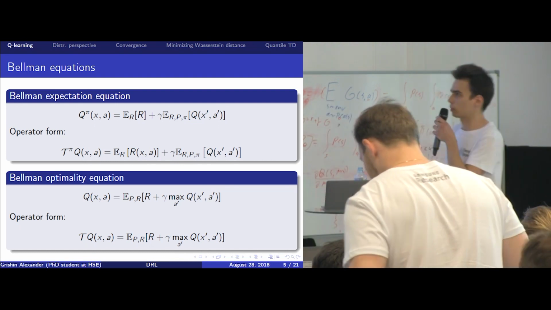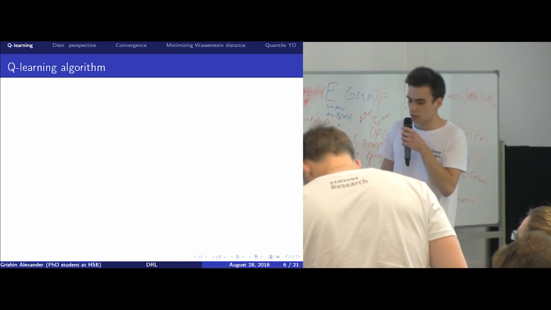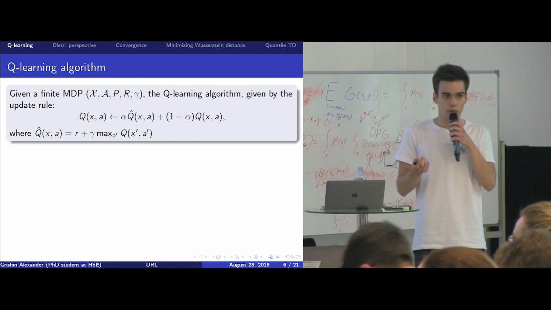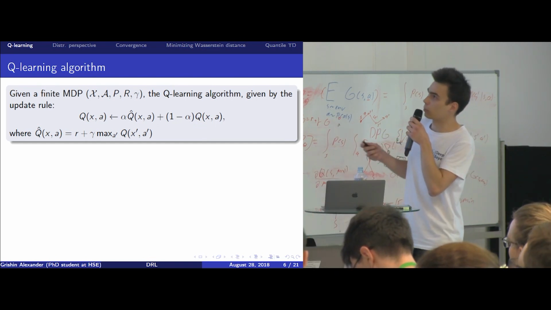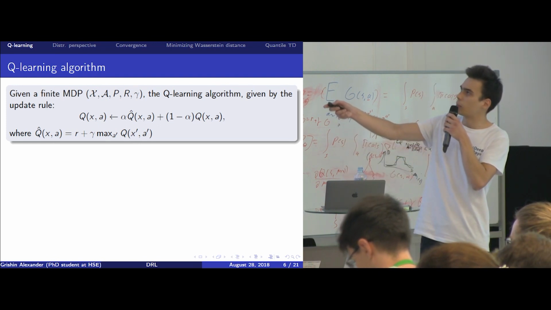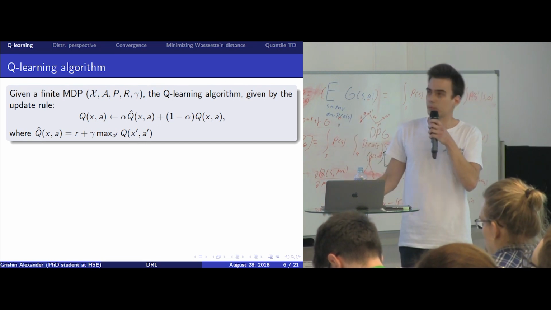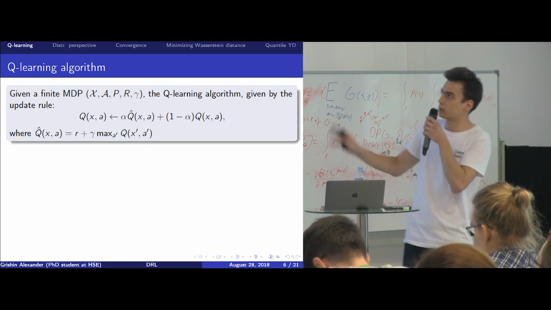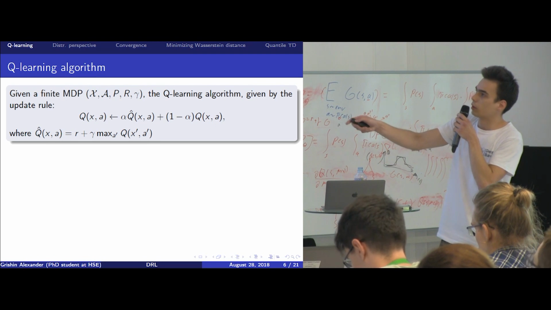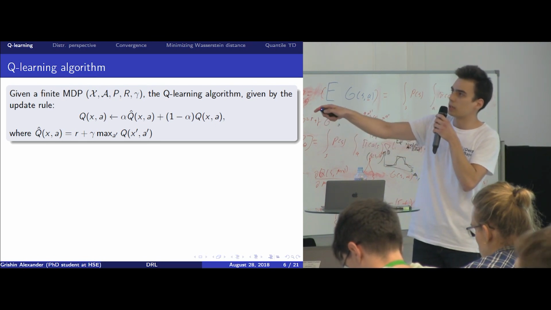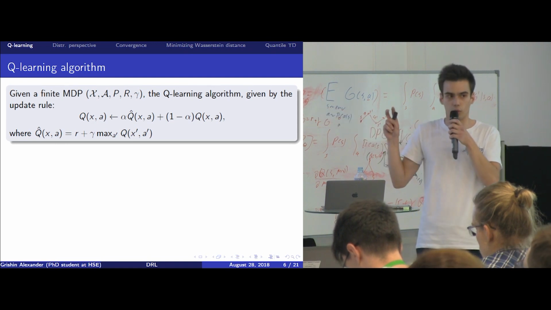Questions? No. Okay, Q-learning. So now we have the Bellman optimality equation. From the practical point of view, we have some current estimate, Q without hat. At the start, it will be some random guess. From the Bellman optimality equation, we have the next, refined and improved version of it.